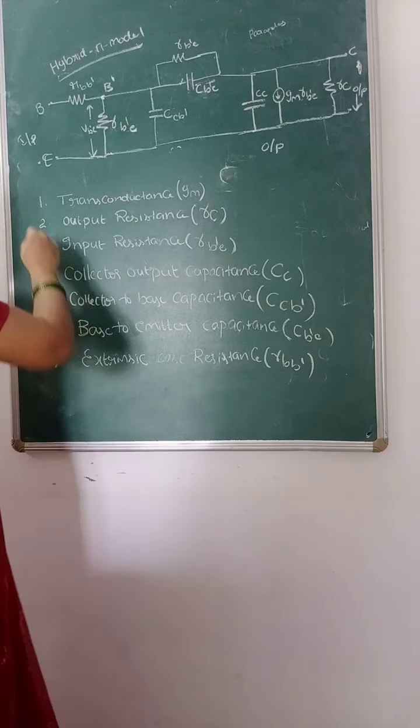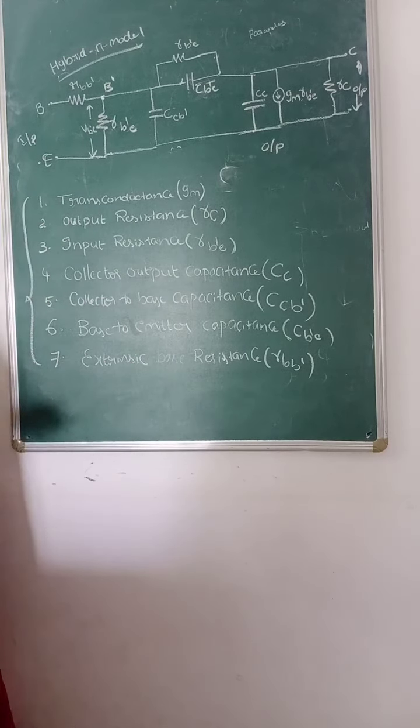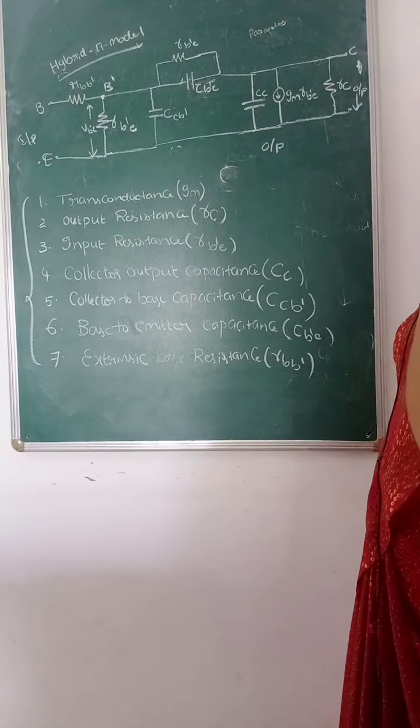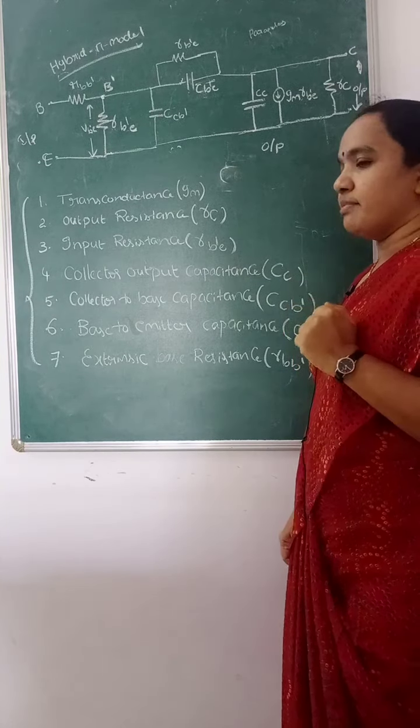These are the seven parameters or elements which are used to analyze the hybrid pi configuration of a single stage amplifier.